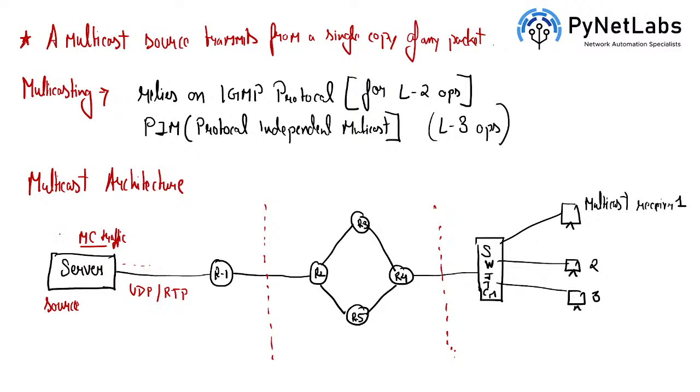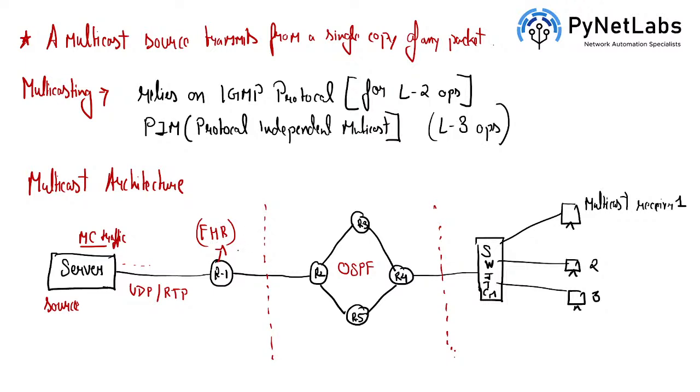Let's say this is a video streaming server, and this is our routing domain, where we have configured OSPF between all the routers. When the data goes from this server to R1, R1 is considered the FHR, first hop router, because it is the nearest router to the source. So we call it the FHR, which is always near to the source.